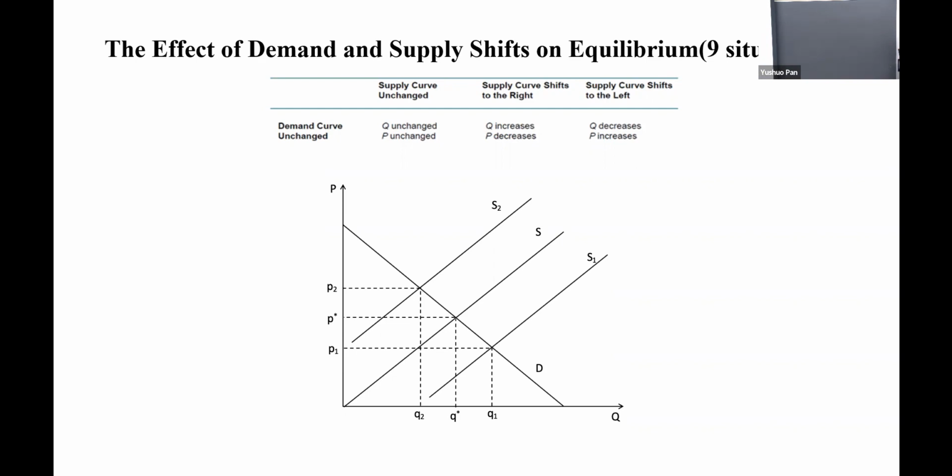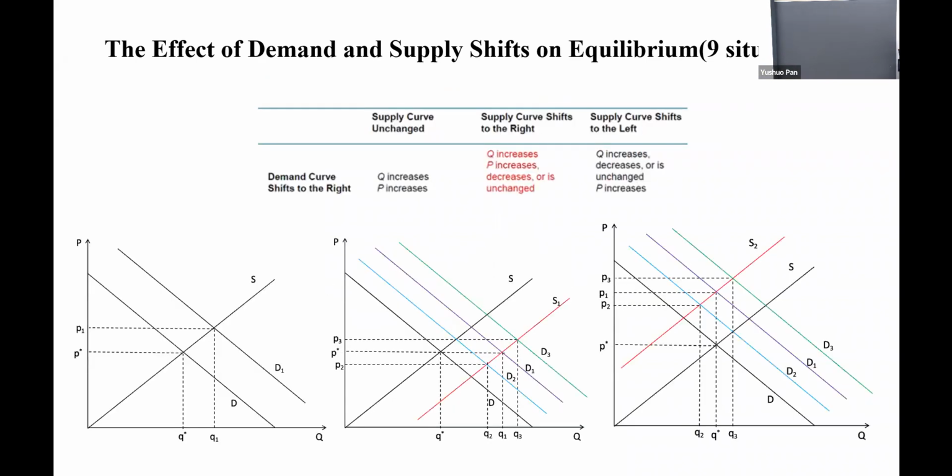But if both curves move, that's a little bit complicated. If the demand curve shifts to the right, so that's in the bottom 3 pictures, all demand curves are going to shift to the right, from D to D1 or D to D3. Let's see the left bottom corner first.